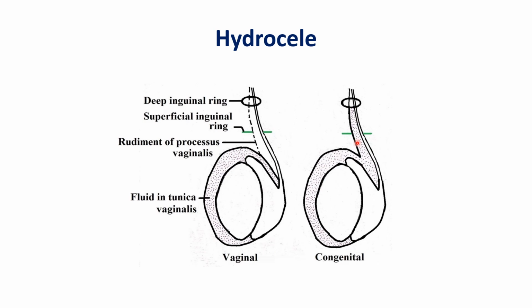The opening is just so much that fluid can communicate with the peritoneal cavity, but hernia does not take place. So this is the level of superficial inguinal ring, and this is the level of deep inguinal ring. So the communication with the peritoneal cavity of the fluid is there in case of congenital hydrocele, while in vaginal hydrocele the fluid is confined to the cavity of the tunica vaginalis.